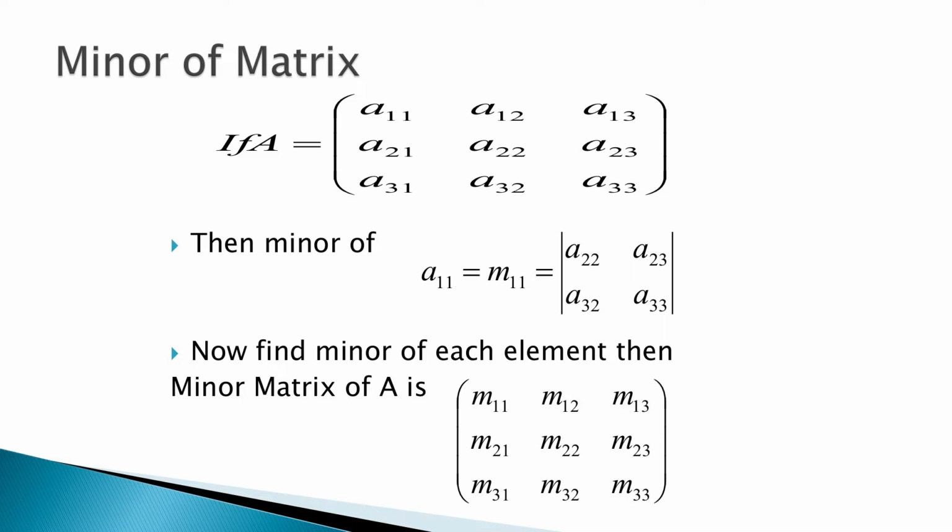Similarly, the minor of A12 is denoted by M12. This is a second order determinant containing the elements except the row and column containing A12. In this way, we can easily find the minor matrix of A as M11, M12, M13, M21, M22, M23, M31, M32, M33.